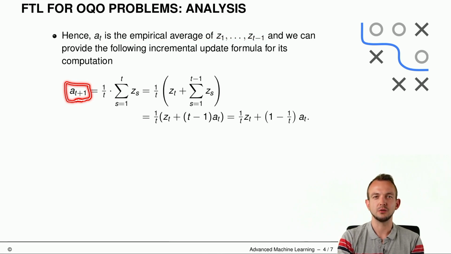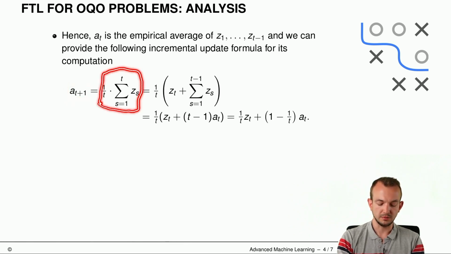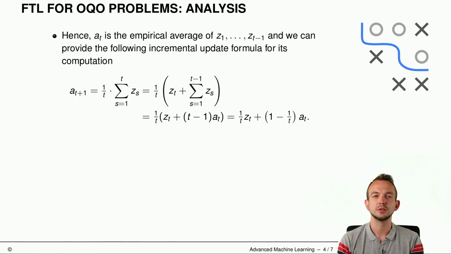Yes? So we are only one time step further. And this means that AT plus 1 is nothing else than the sum over all environmental data points seen so far, so including time step t now, because we are in t plus 1, and then dividing by the number of data points, which are t.